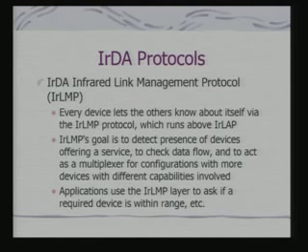LMP's goal is to detect the presence of devices offering a service, to check data flow, and to act as a multiplexer for configurations with more devices with different capabilities involved. If there are not more devices, then this multiplexing capability is not really of significance. Applications use this layer to find out if a required device is within range or not.